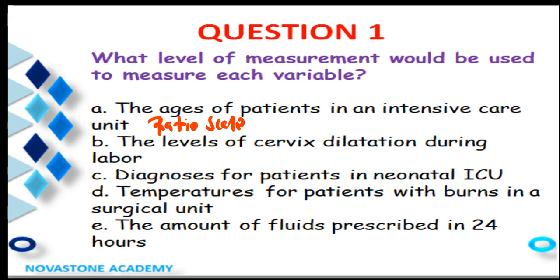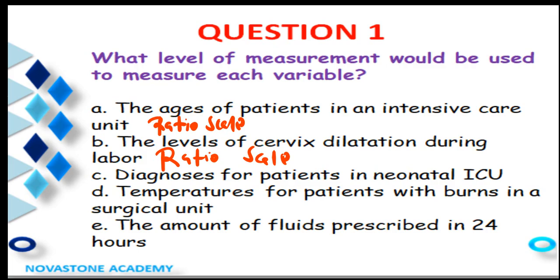Then B is saying the level of cervix dilatation during labor. Okay, what is it going to be? So even this one, you can have a dilatation of 0. So this will be a ratio scale. Then number 3, we are talking about diagnosis for patients in neonatal ICU.